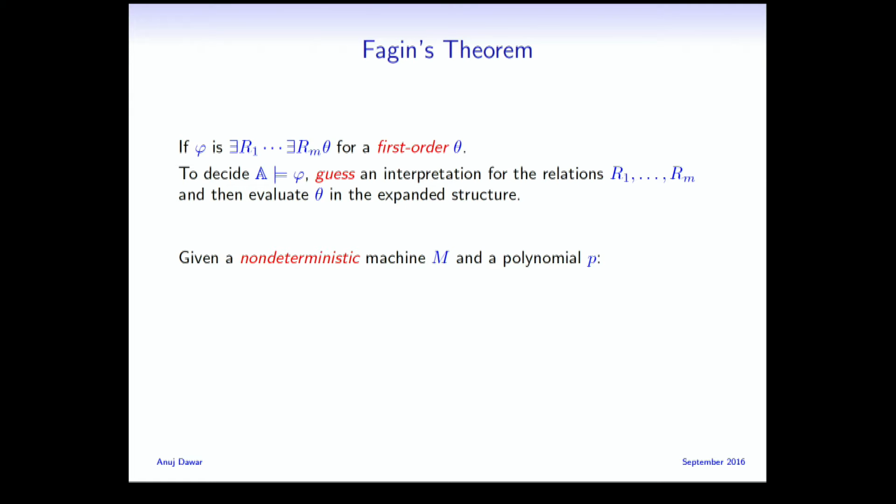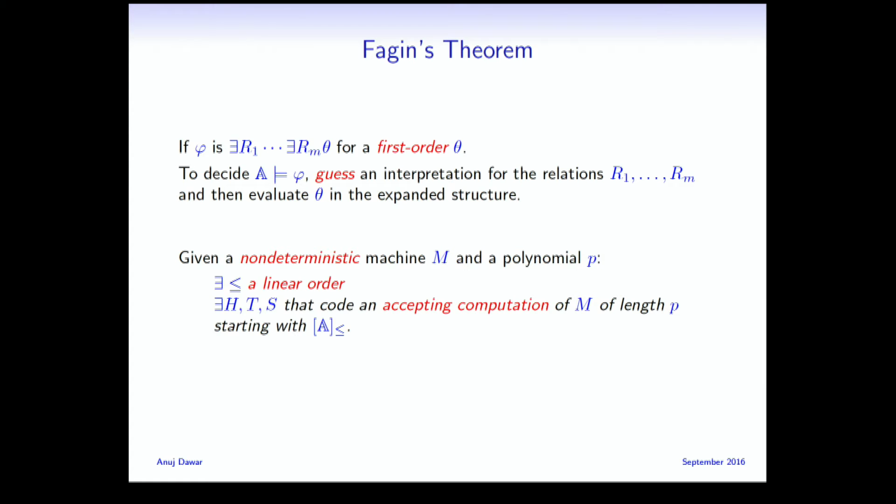In the other direction, we're given, let's say, a non-deterministic machine M, and a bound on its running time, which is a polynomial P. We write down a formula which basically says there is a binary relation which is the linear order of the universe, and then there exist relations, and you have to do a bit of coding here, which code an accepting computation of this machine M of length P, which starts with the coding of the structure. Now, of course, the way I've written it, it looks like this formula depends on the structure, but that's not what it means.